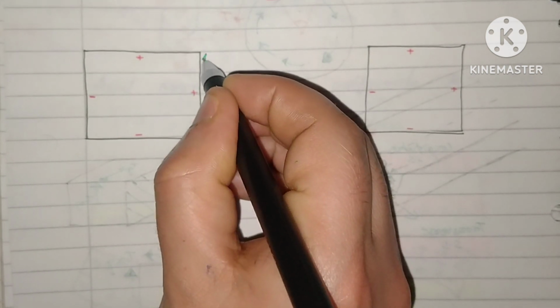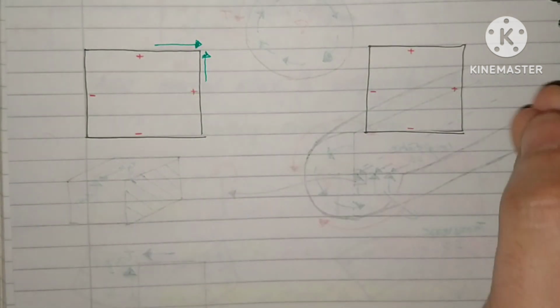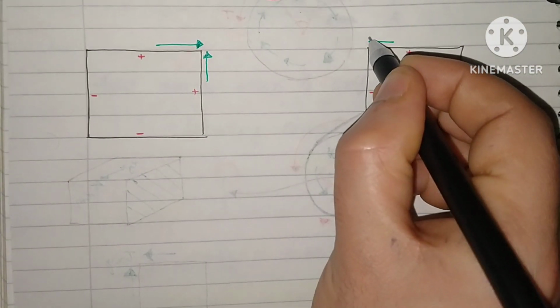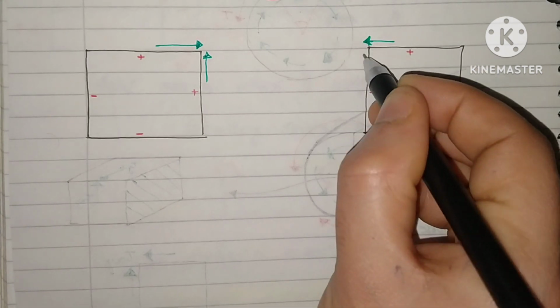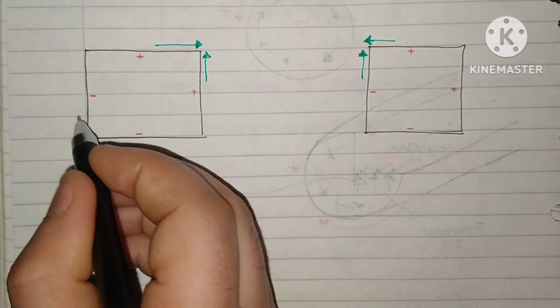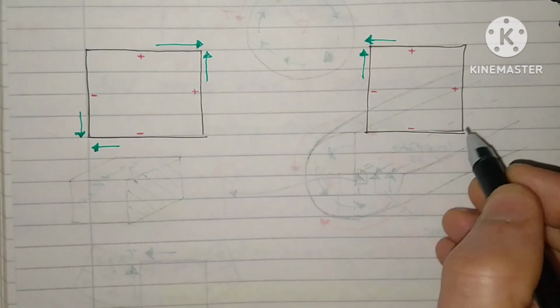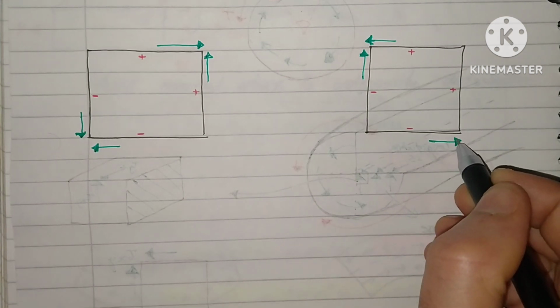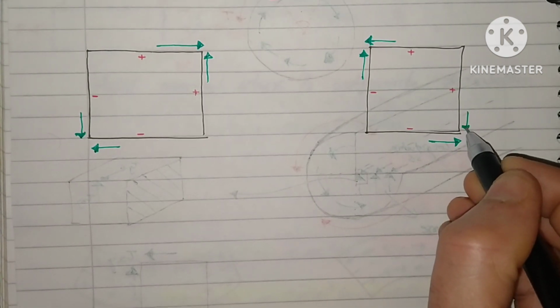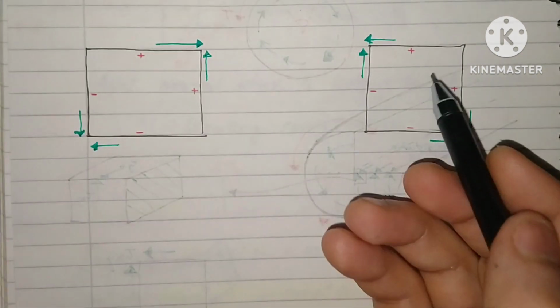The shear stress will act like this, or the shear stress will act like this. Only two possibilities are there. Which one will be positive? This one, or this one?